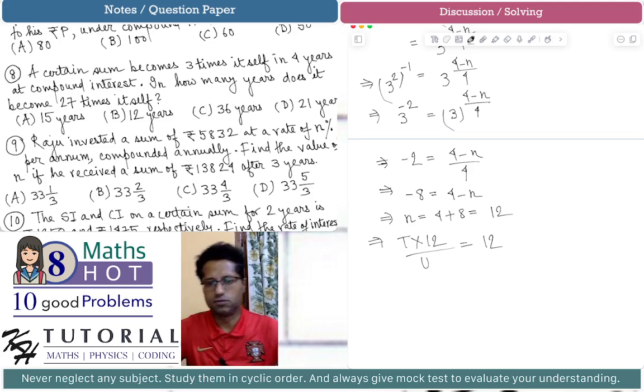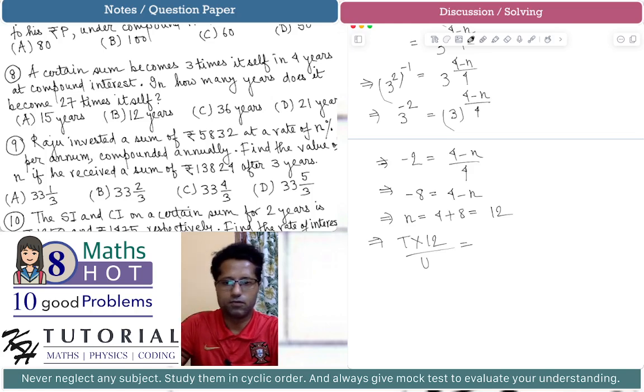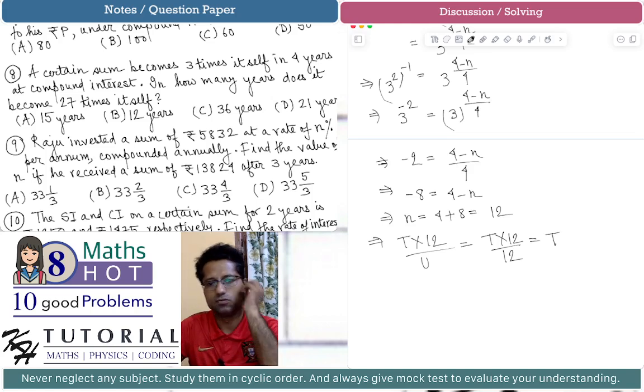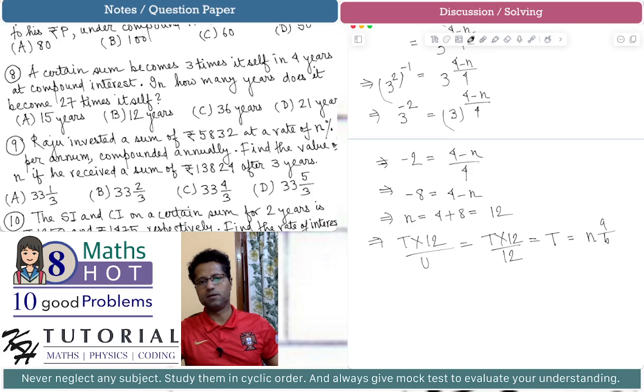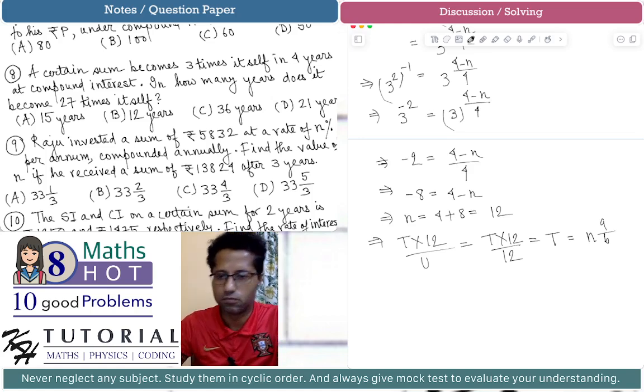So t multiplied by 12 divided by u will be t multiplied by 12 divided by 12, which is equal to t. This value we always express as n and a by b, so that we get the n and a by b which we need to use in the general formula.